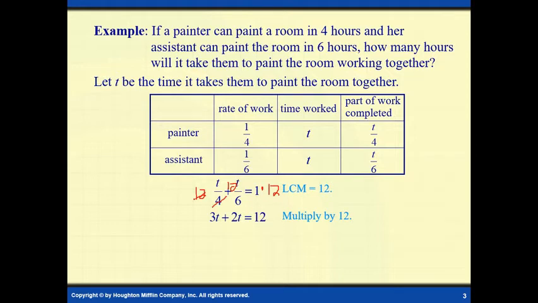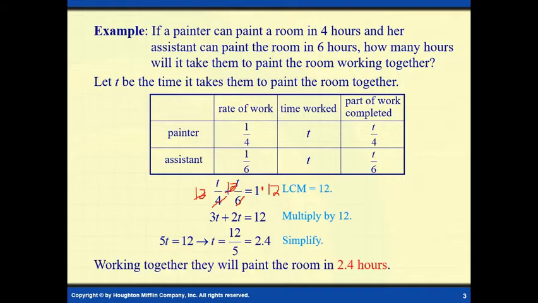So 12 divided by 4 is 3. 12 divided by 6 gives us 2. Okay, then we just add the 3t and the 2t to get 5t is equal to 12. Divide by 5, so t is equal to 12/5 or 2.4. So working together, they will paint the room in 2.4 hours.